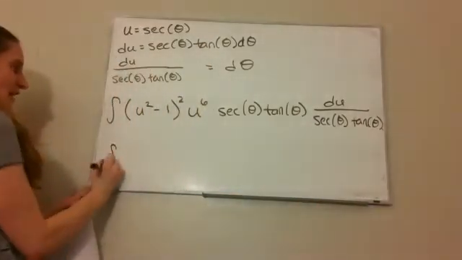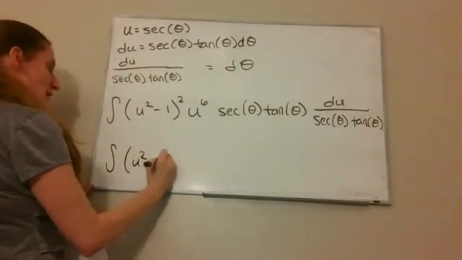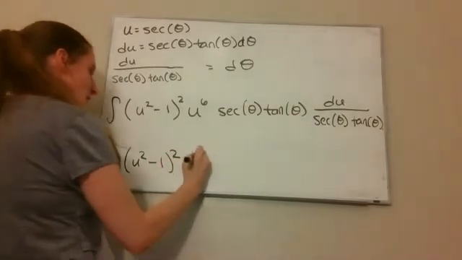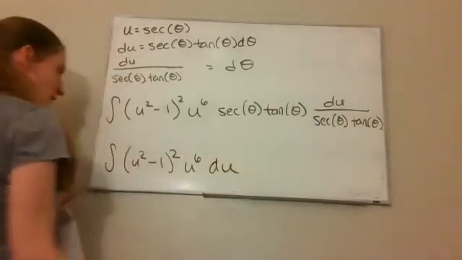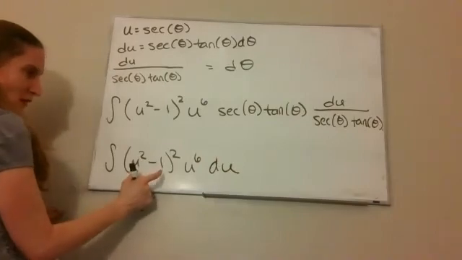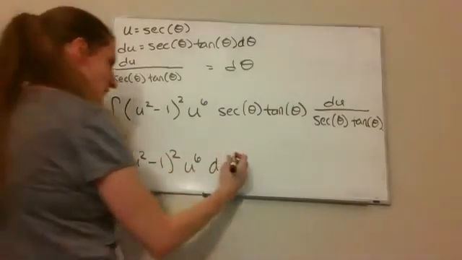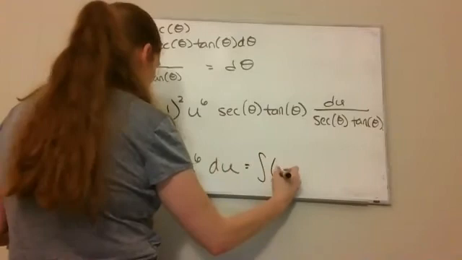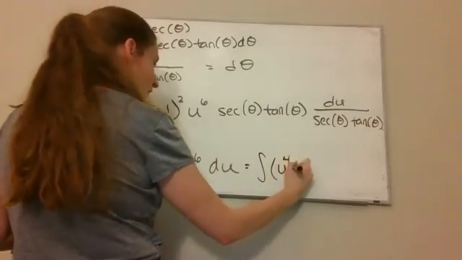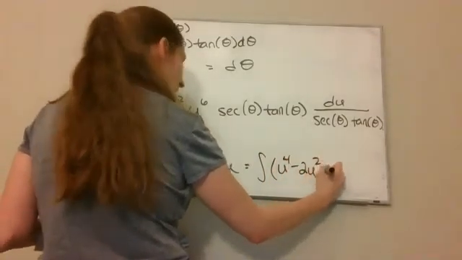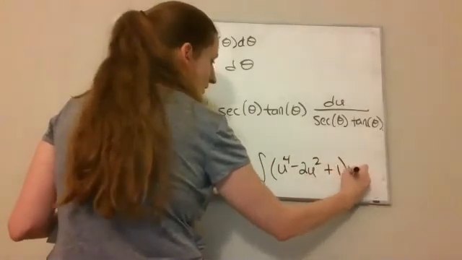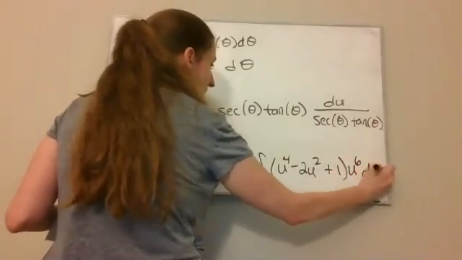So now I get an integral of u squared minus 1 squared times u to the 6th du. Go ahead and distribute all of that, and I get an integral of u to the 4th minus 2u squared plus 1 times u to the 6th du.